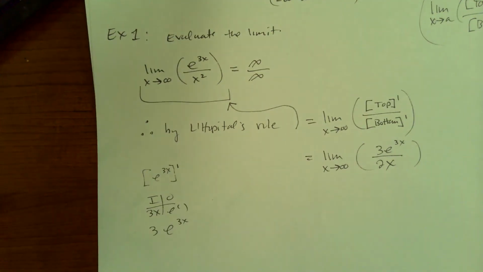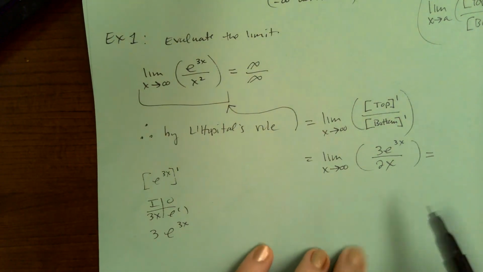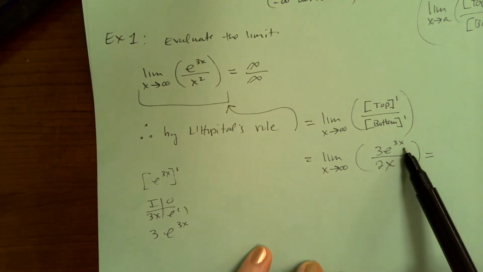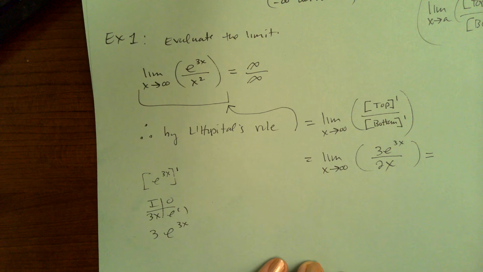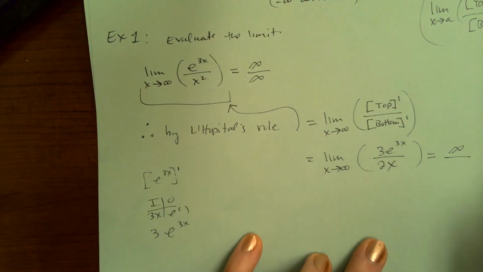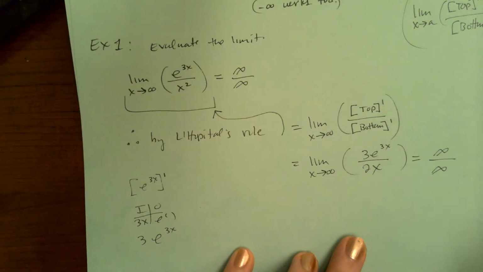Then you try to direct substitute again. You're plugging infinity in for x. 3 times e to the infinity is 3 times infinity, which is infinity. So the top is infinity. The bottom, 2 times infinity, is infinity again.